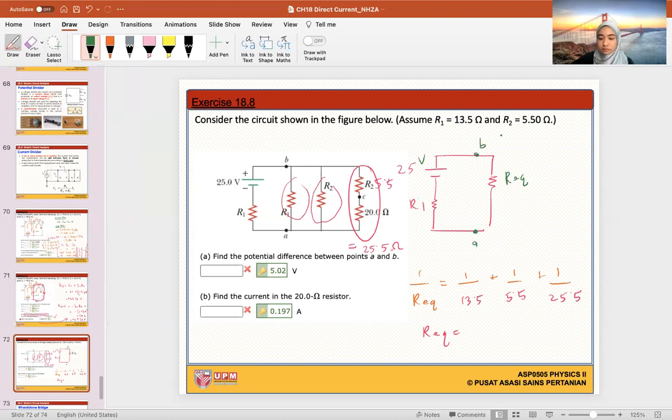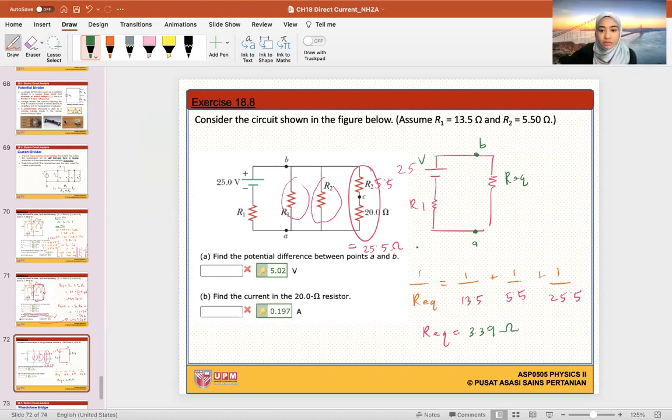What's the answer? No one is trying? 3.39, Doctor. 3.39 ohms. Thank you. Okay, so that is our R equivalent.